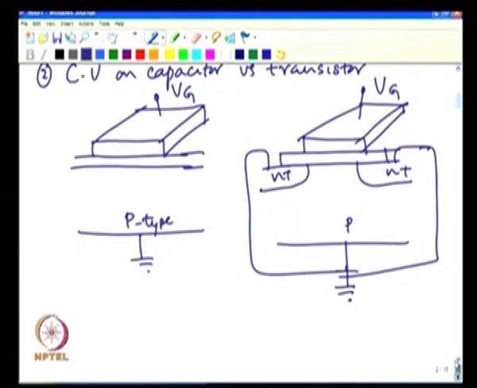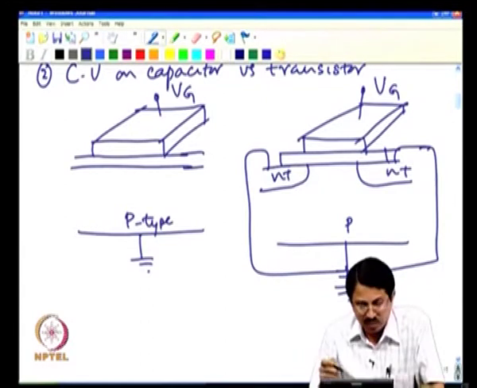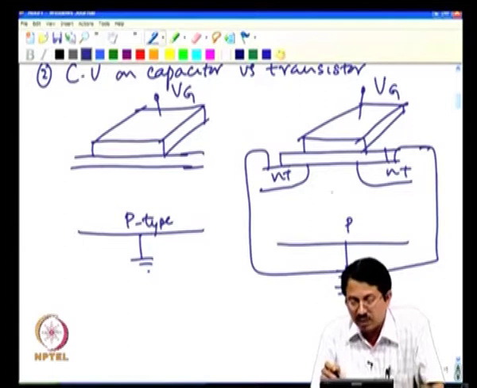So, both have the same area, so you would expect the capacitances should be similar, because the capacitance is essentially governed by what is happening here.